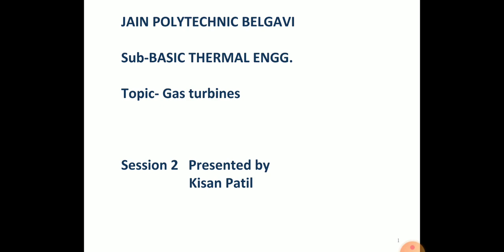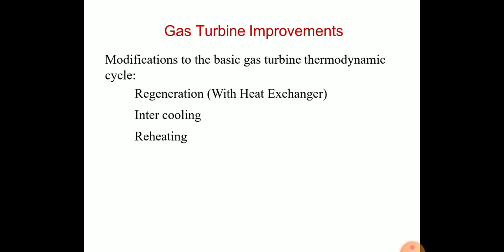Now, in a gas turbine the major portion of the power developed by the turbine is utilized by the compressor, correct? So it can be reduced. See, if the major portion is utilized by the compressor, then we will get very little output at the end, correct?